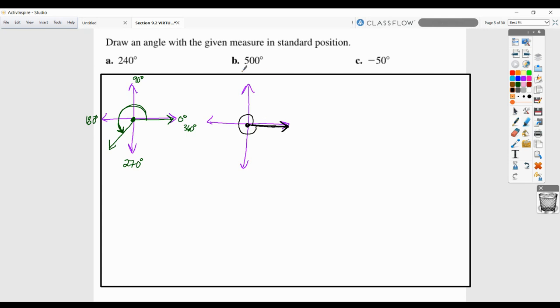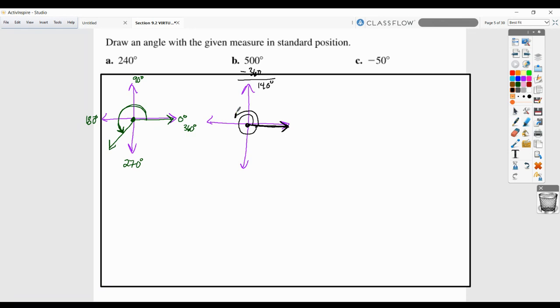Now, if I take 500 and I subtract 360 from it, I get 140 degrees. So that means I need to go an extra 140 degrees, right? If I'm going a little extra 140, that means I'm going to go up to 90 again, and I'm not quite at 180, so I'm about here.